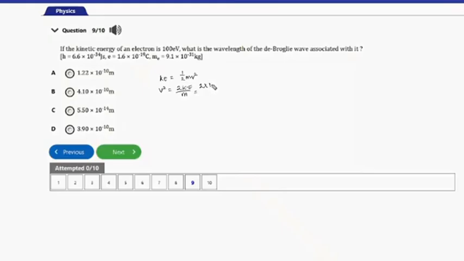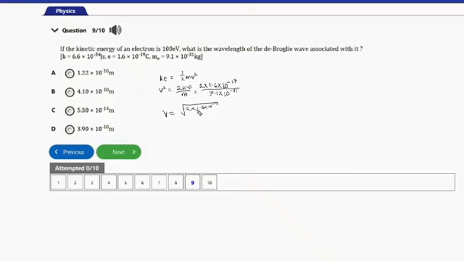That will give us 1.6 times 10 to the power of negative 17 here. So in that case, v squared is equal to 1.6 times 10 to the power of negative 17 times 2, all over 9.1 times 10 to the power of negative 31. Then v alone is going to be the square root of this.